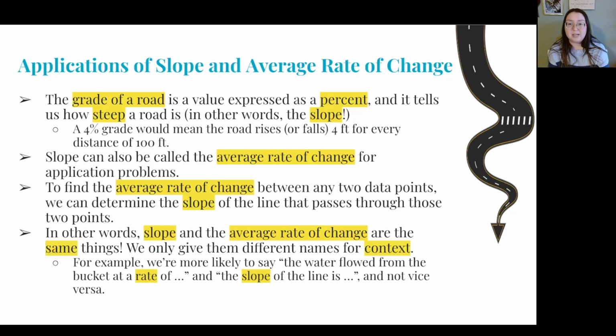You can even imagine the water flowed from the bucket at a slope of blank. It sounds kind of weird. And saying the rate of the line is blank is not quite as weird, but it's still better to say slope and rate at different times. So it's really just the context of your word problem that is the difference between those two words, but they are essentially going to be the same for us.